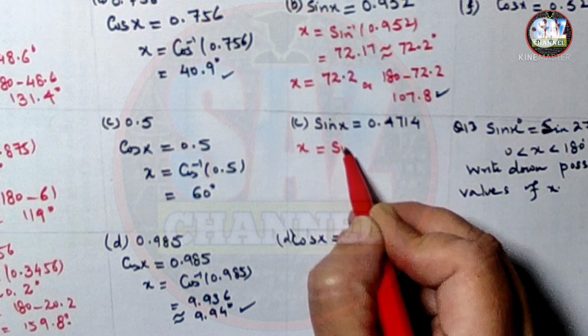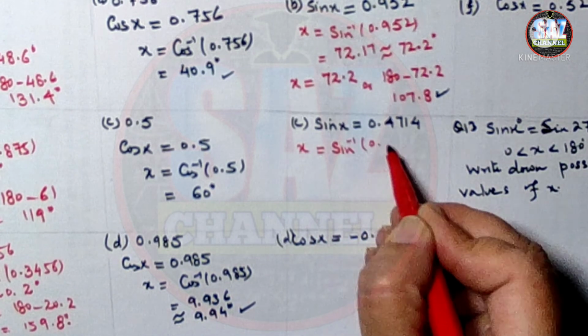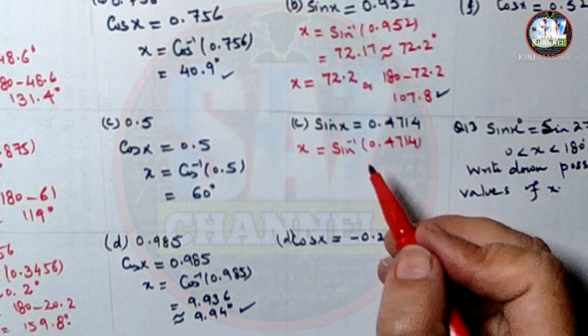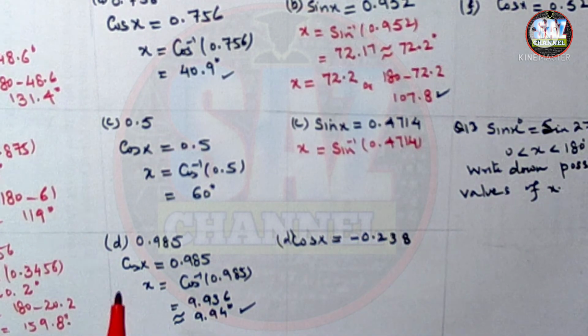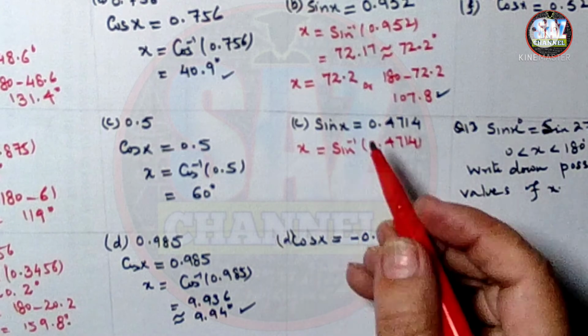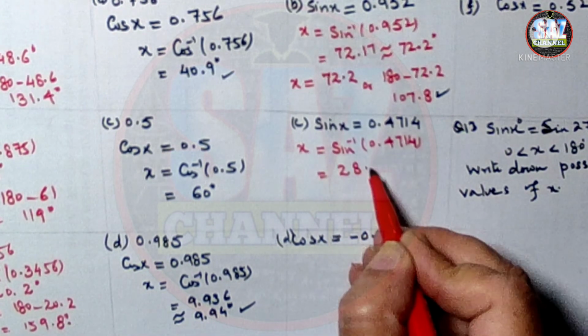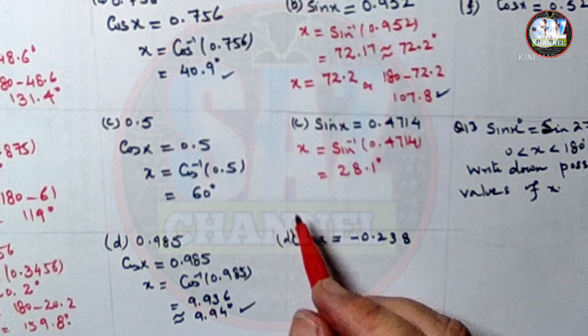Let's move to the third part, and that is sine of x equals 0.4714. X equals sine inverse of 0.4714. Taking the inverse sine of 0.4714, x equals 28.12, which will be equal to 28.1.